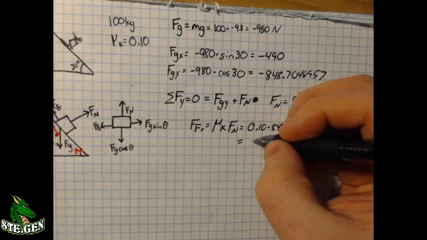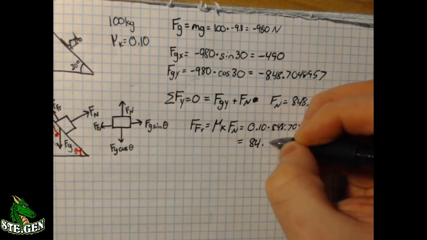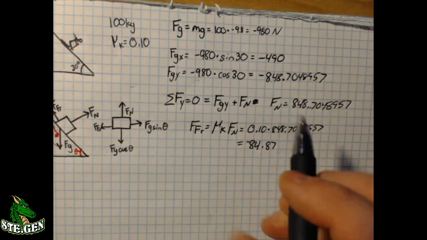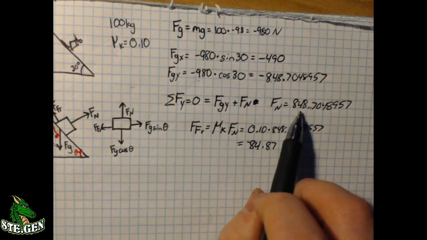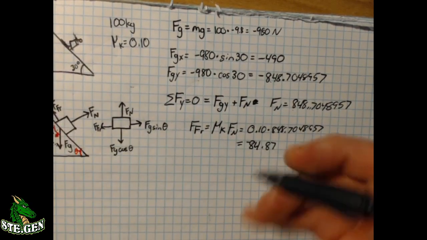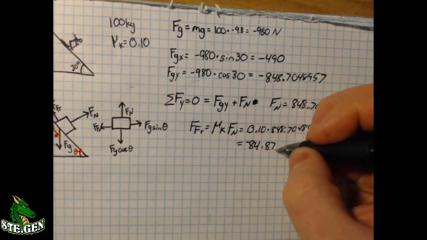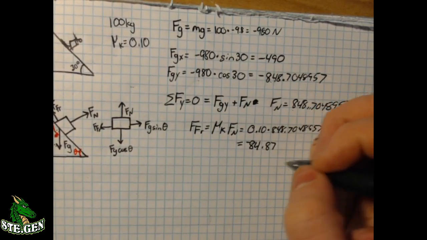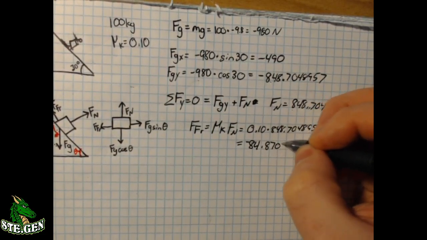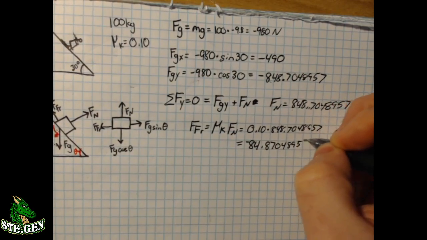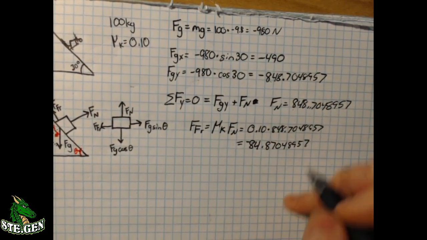We get 84.87. Our normal force would be positive, but the friction is directed backwards, so it's going to be negative again. So I got negative 84.87048957.